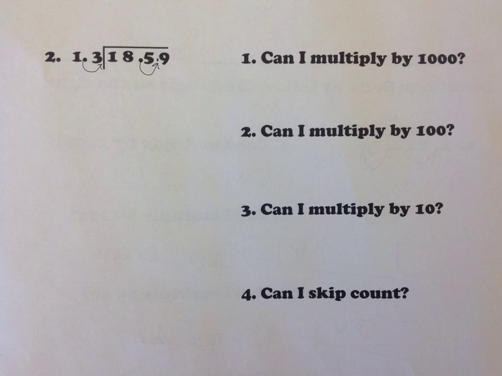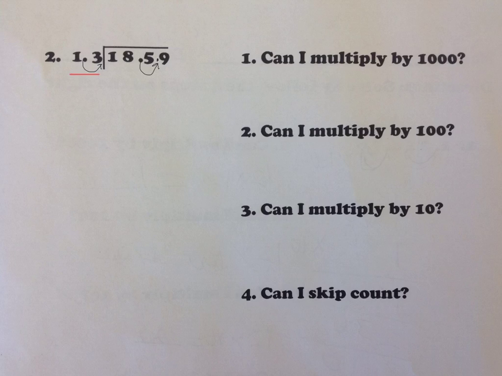So now we can go back to our 4-step process, where our first step is looking if we can multiply by 1,000. All we're doing is taking this 13, that's our divisor, and we're basically trying to give out what we have to 13 people. So we start off with 1,000s.